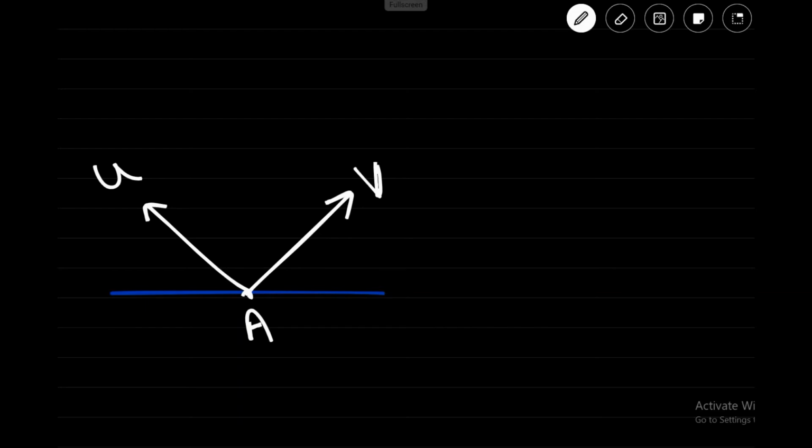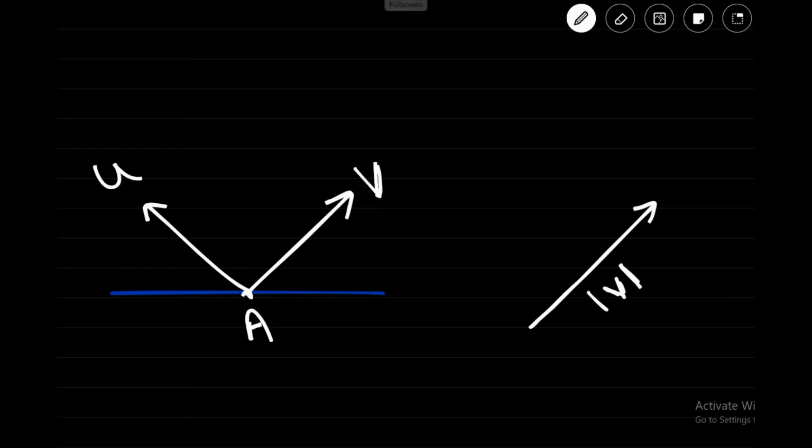To find the resultant or to find the summation of these two vectors, you can use head to tail rule. In head to tail rule, you take your first vector showing the correct magnitude of the vector and the correct direction as well.